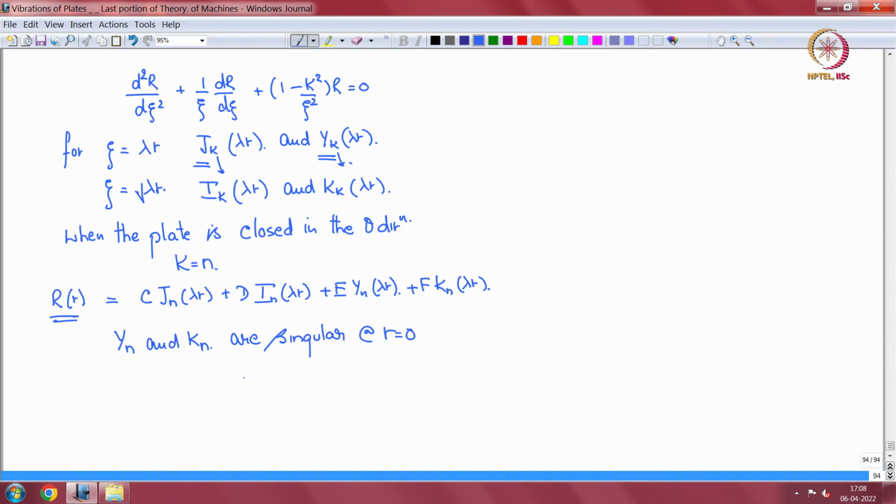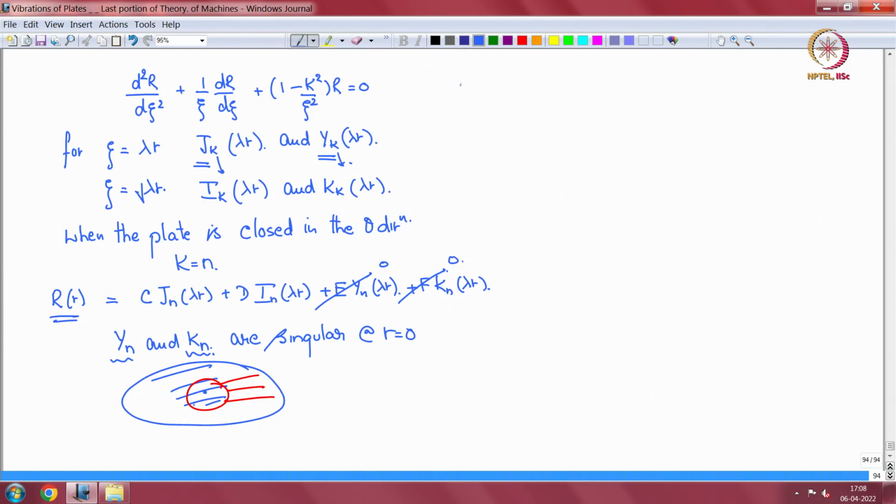So that means if the plate includes the origin, it is not some annular region, not an annular plate, then Y_n and K_n blow up, which means, from a realistic engineering standpoint, E and F have to be 0.